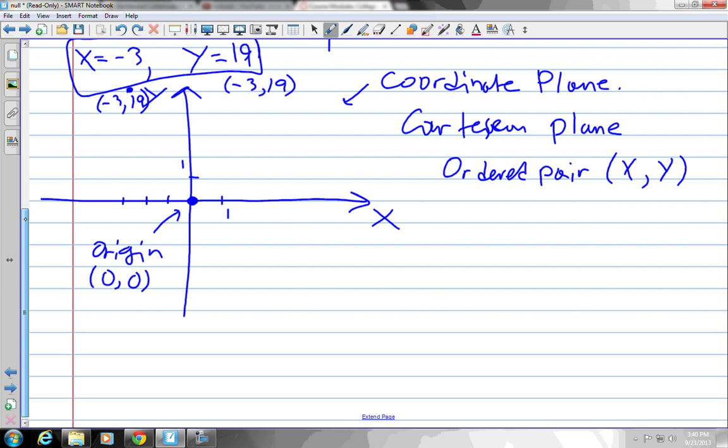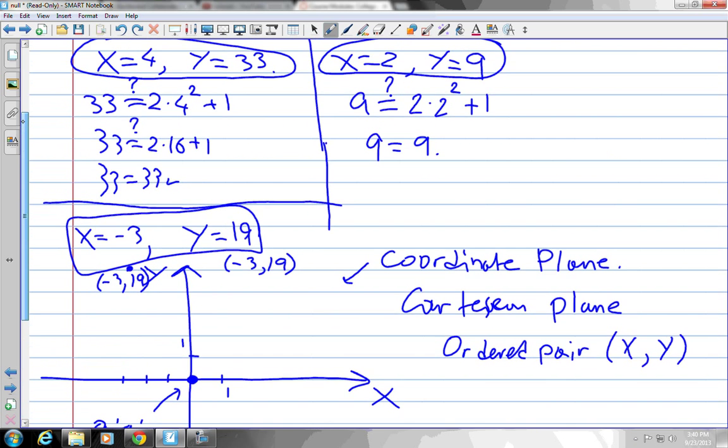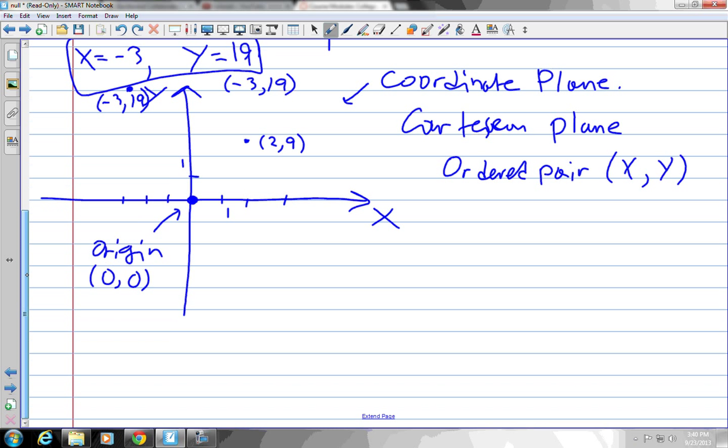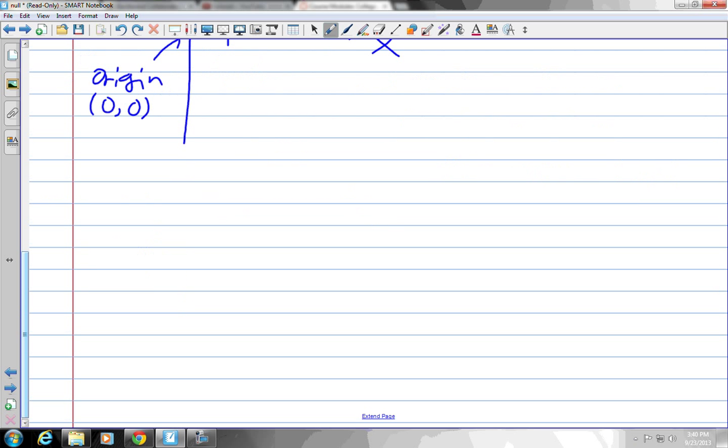And if I continue plotting all those points, what was the other one? 2 and a 9. The other one was 4 and 33, so I'm off the grid. Okay, but what I can do, I can generate a table of values in order to graph this equation.